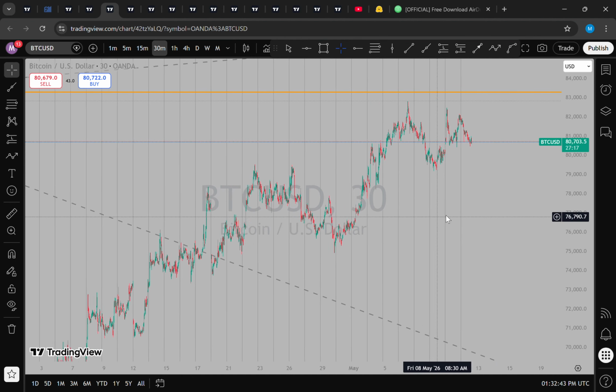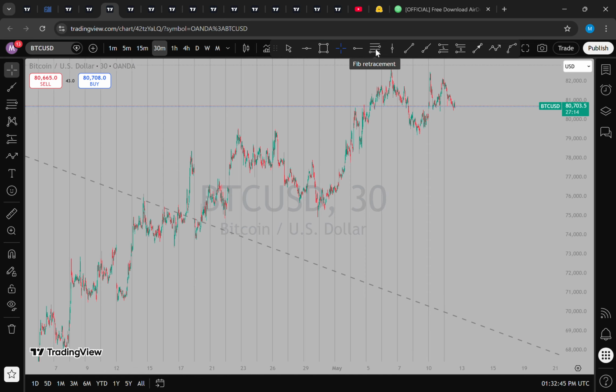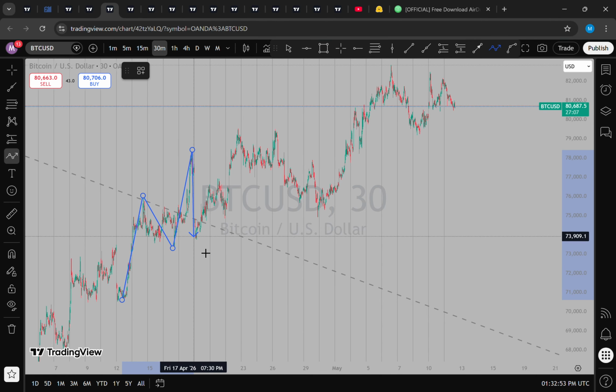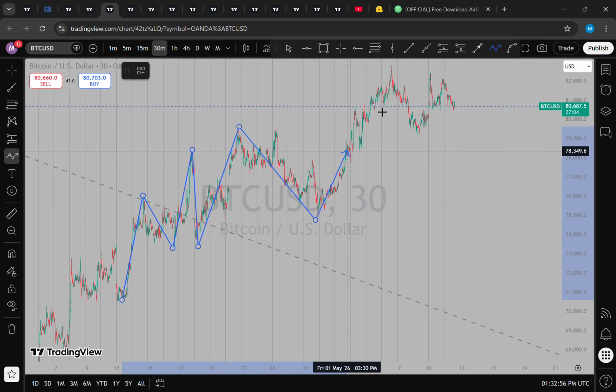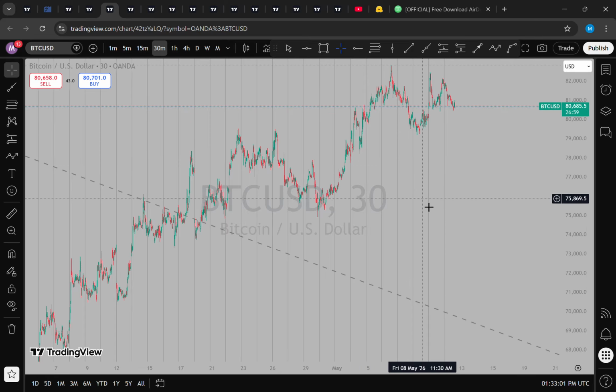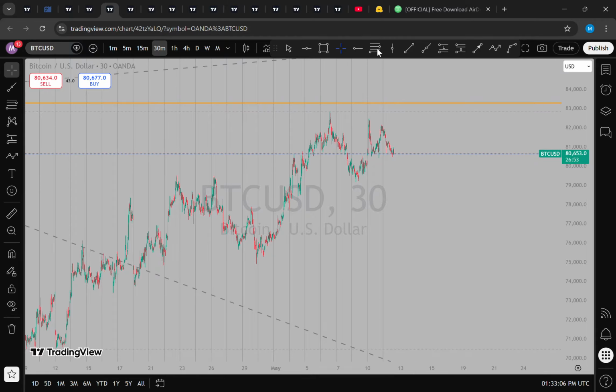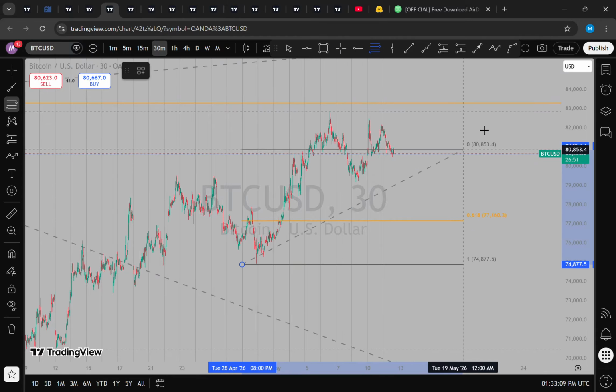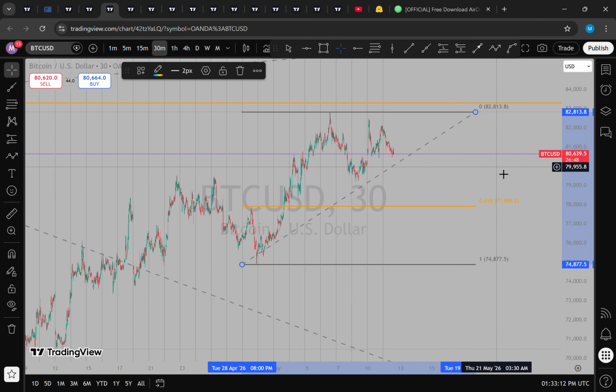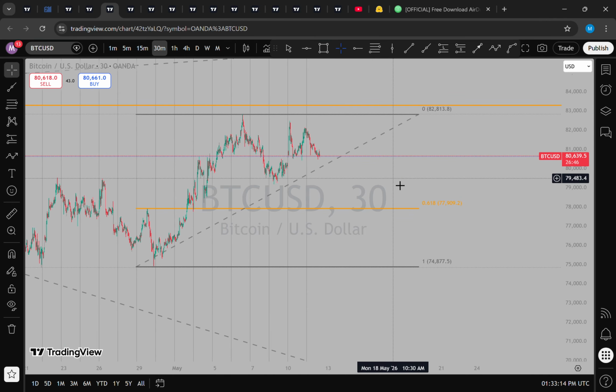You see higher highs, higher lows, higher highs, higher lows. So that's 30 minutes for you. Those are the major structures there. So currently I'm expecting Bitcoin to sell down here before buying.